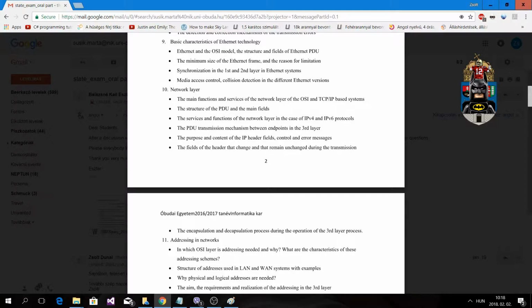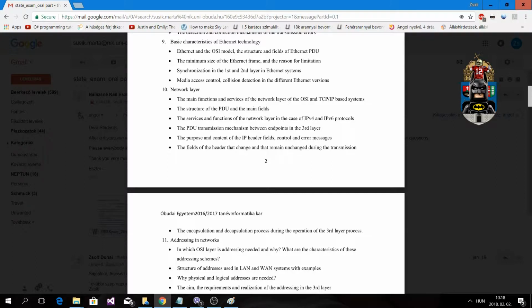The structure of the PDU and the main fields is really easy. We have the data, we have the transport header, and at the beginning we have the network header. In the network header, the most important stuff is the source and destination IP address.